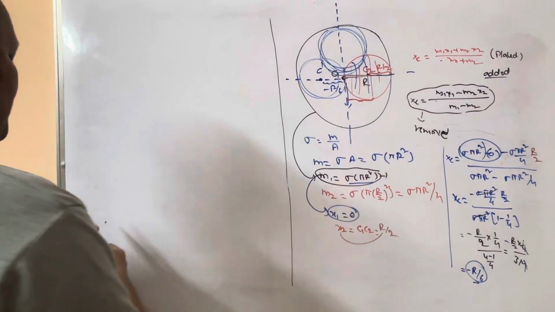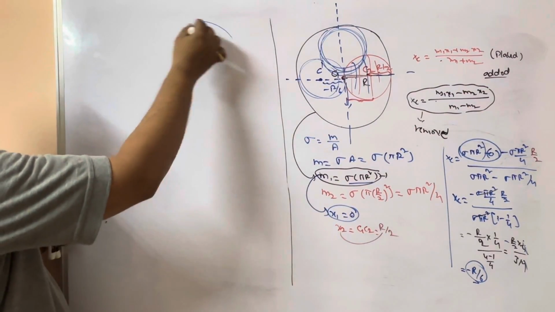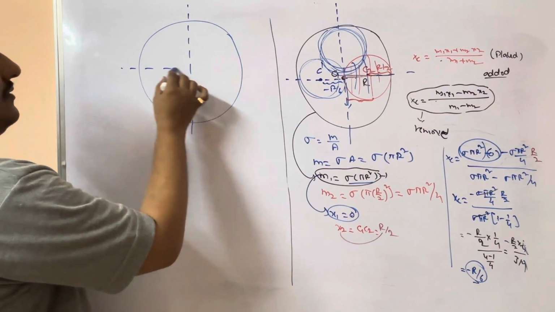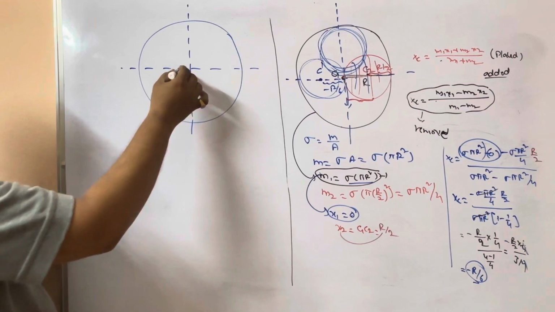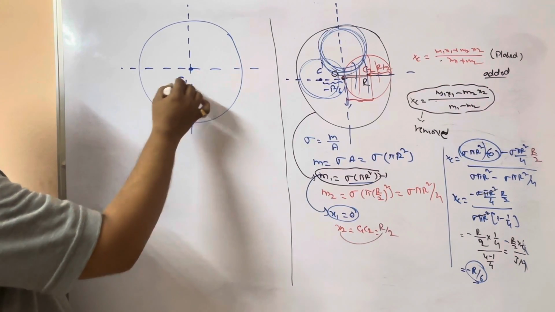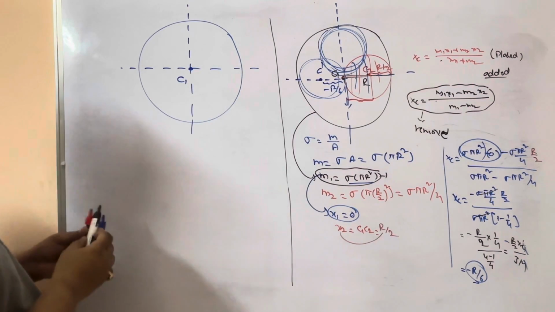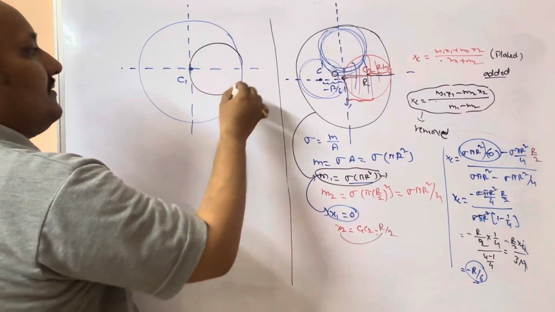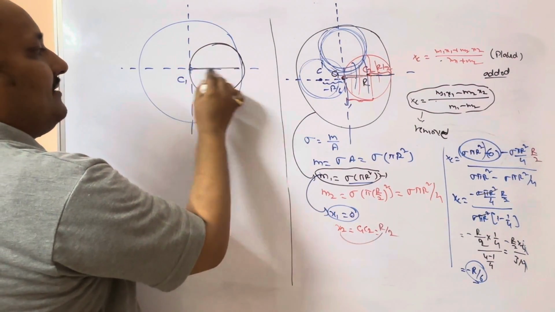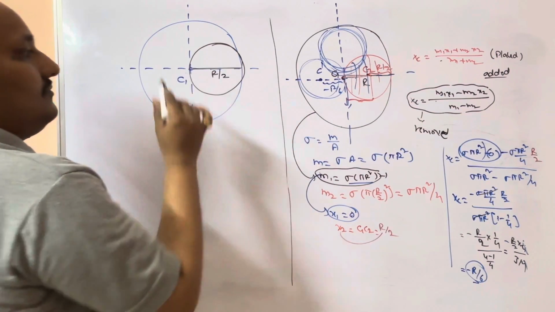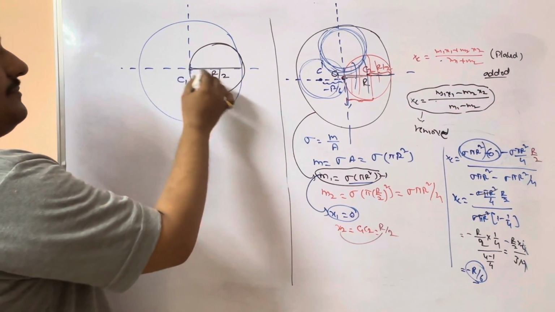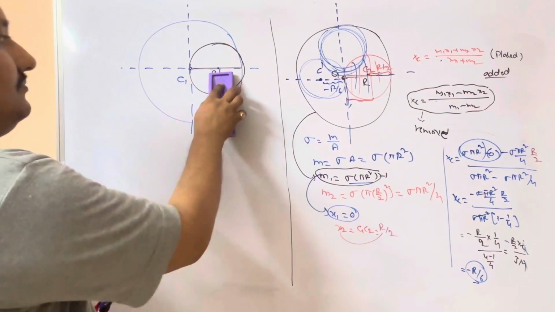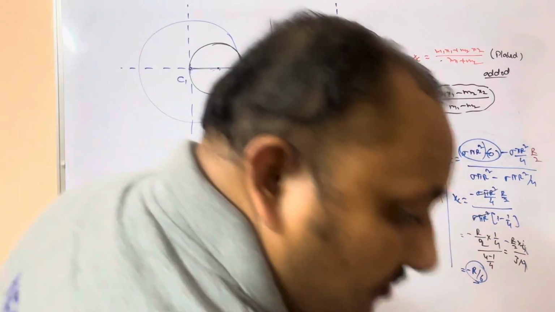Now see, for the same problem, they have taken a disc like this. So initial position of center of mass will be here, C1. Now they removed one small portion, a smaller disc of diameter capital R, from the right side.